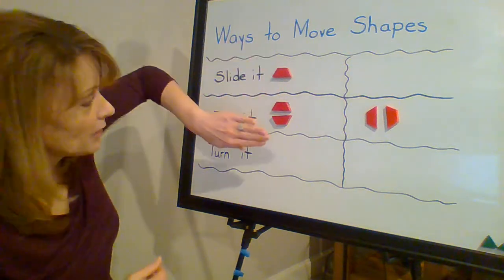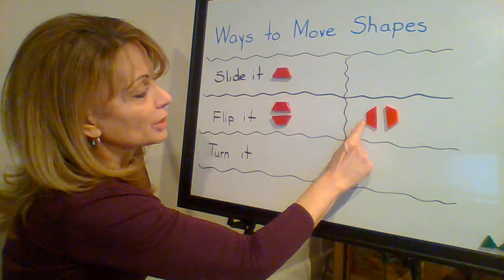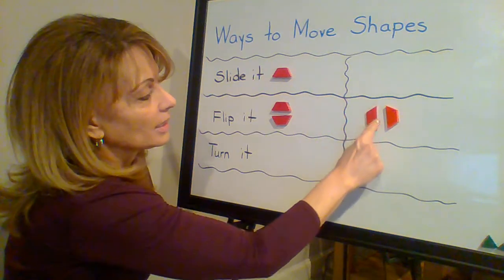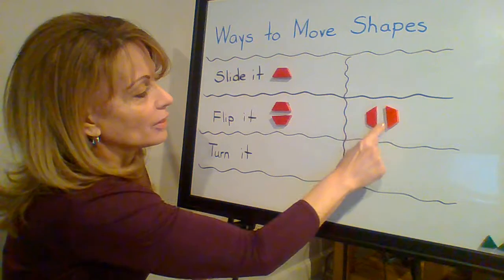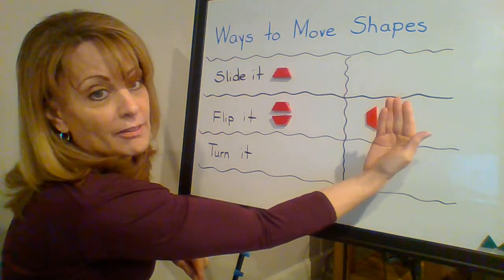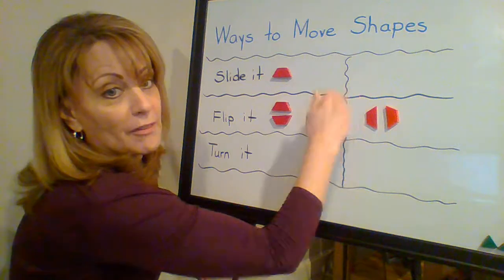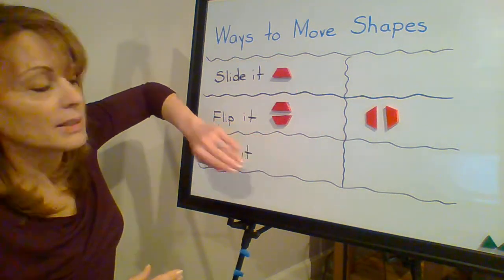And here I had the short end on the first side, the long end on the second side. Now I'm going to have the long end on the first side and the short end in the second. It was like this, and I flipped it over. Here I flipped it over.